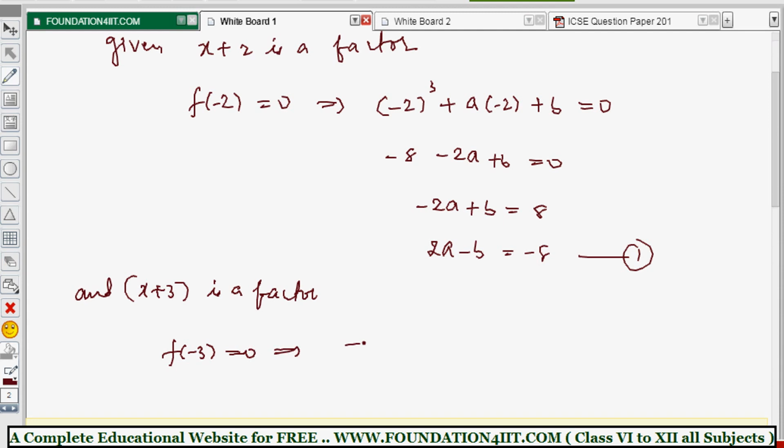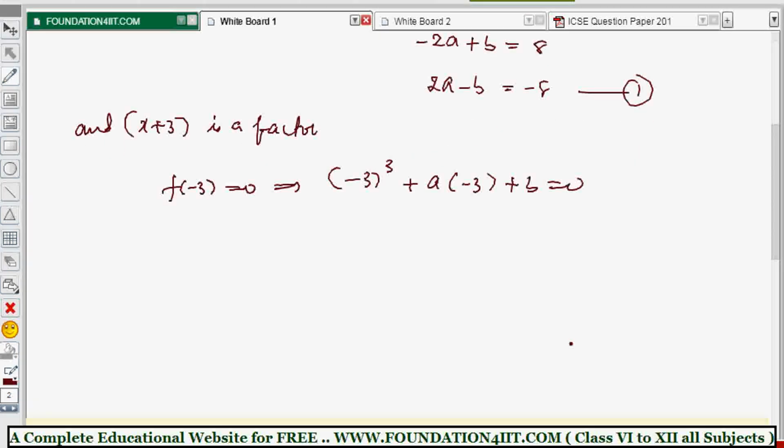Okay, that means minus 3 cube plus a into minus 3 plus b is equal to 0. Just to simplify, that is equation 2. So minus 3 whole cube is minus 27, minus 3a plus b is equal to 0. Then you can change: plus 3a minus b is equal to minus 27. Equation 2. By solving these two equations, you'll get a and b.